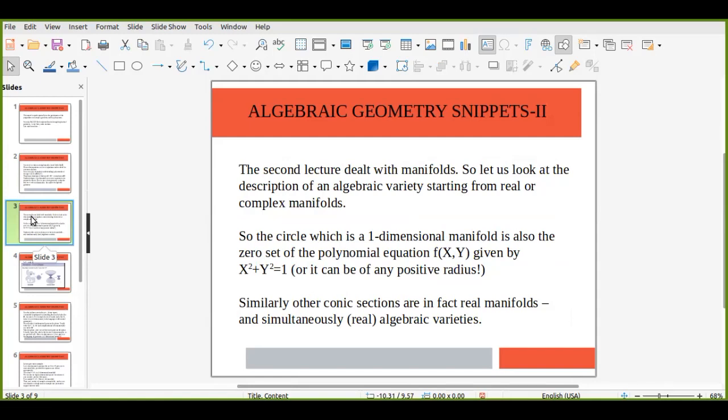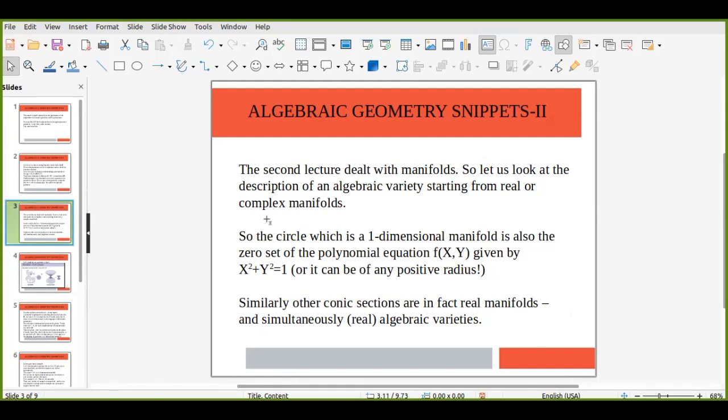The circle, which is a one-dimensional manifold, is also the zero set of the polynomial equation f(x, y) given by x^2 + y^2 = 1. It can be defined for any positive radius, but we will consider the unit circle. Similarly, other conic sections are in fact real manifolds and simultaneously real algebraic varieties. This class is actually called algebraic manifolds.